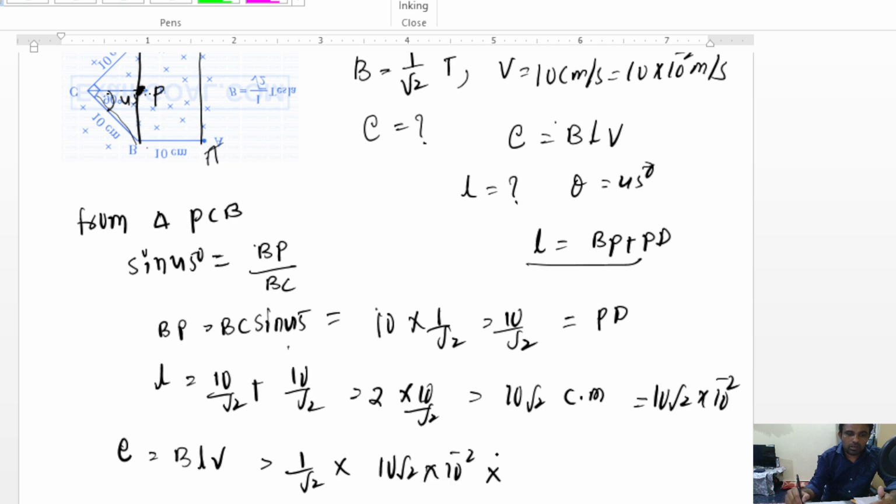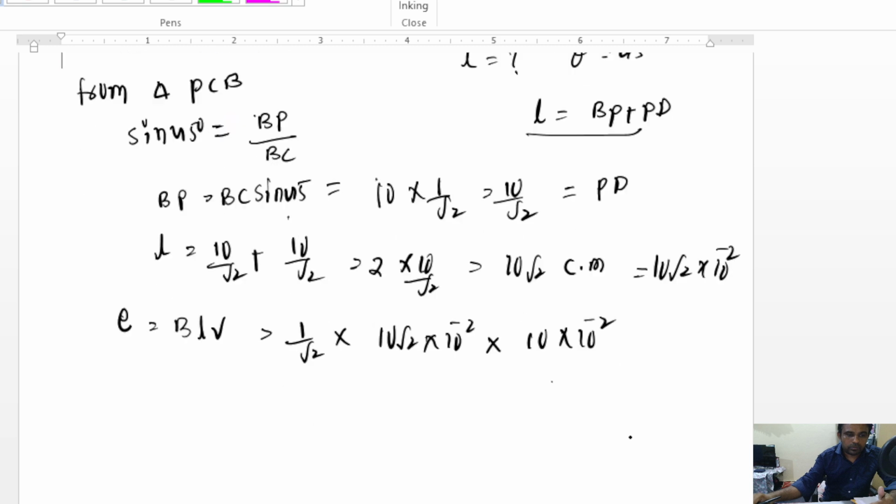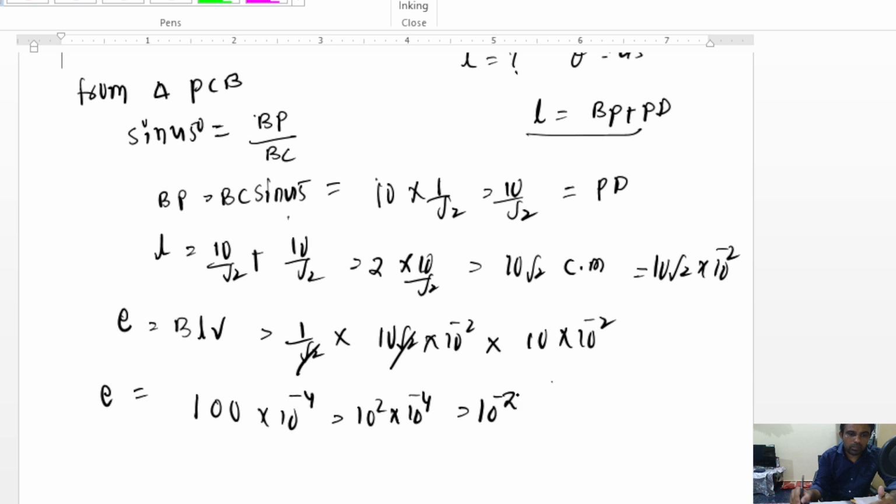Velocity is also 10 into 10 to the power of minus 2. So E is equal to, root 2 gets cancelled here, 10 into 10, 100, into 10 to the power of minus 2 minus 2, minus 4. So 10 squared into 10 to the power of minus 4, which is 10 to the power of minus 2.